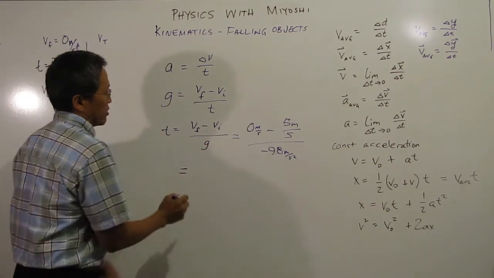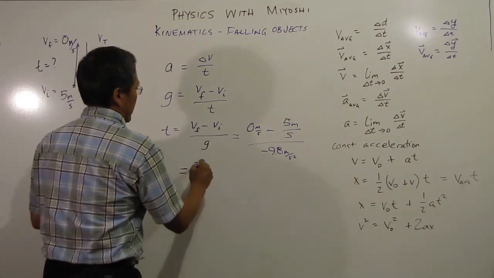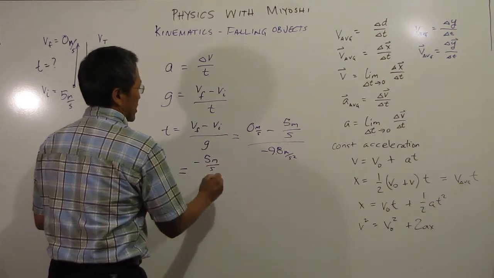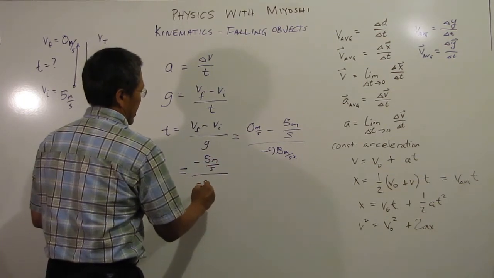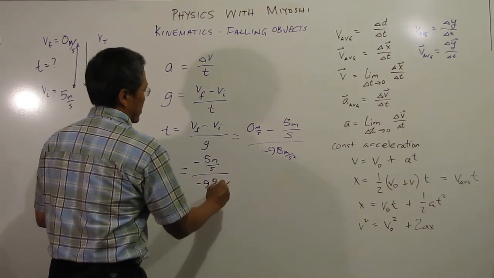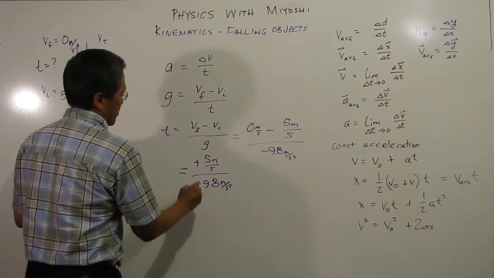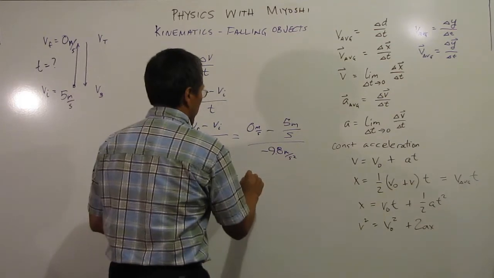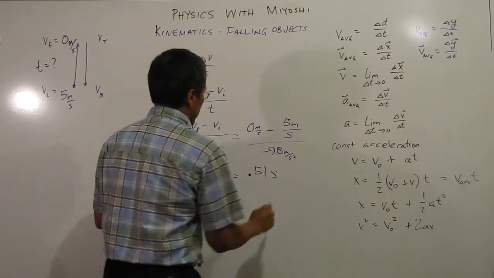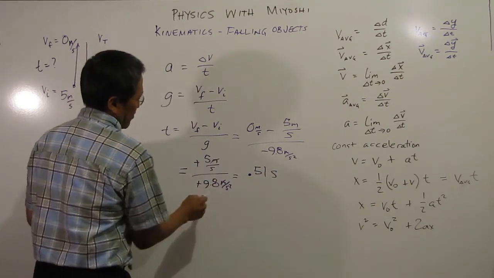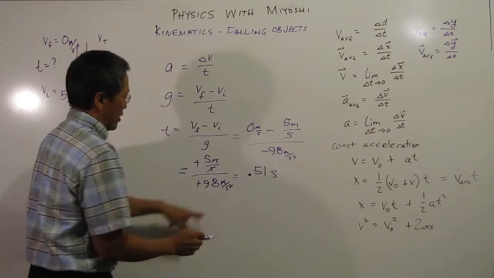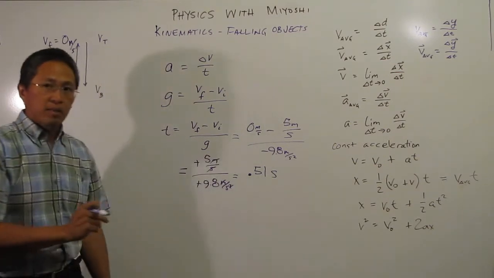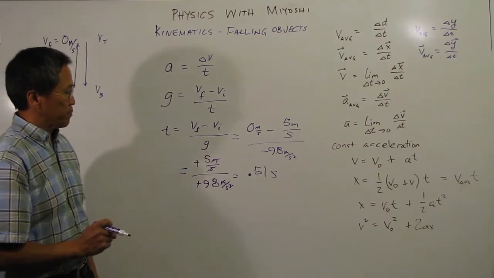So now my t is going to be negative 5 meters per second, divided by negative 9.8 meters per second squared. My negatives divide out to be positive, and this will give me 0.51 seconds. Meters divides out, one of the seconds divides out, and then I flip it over to the top to be 0.51 seconds.